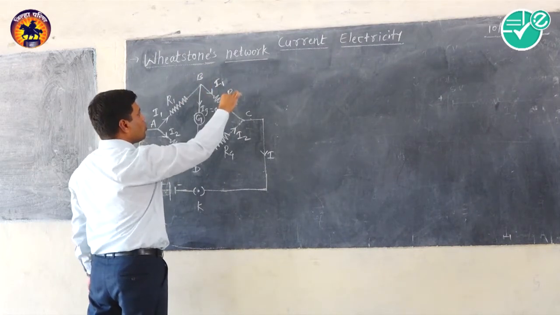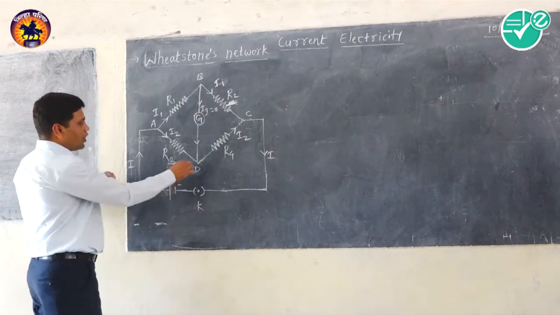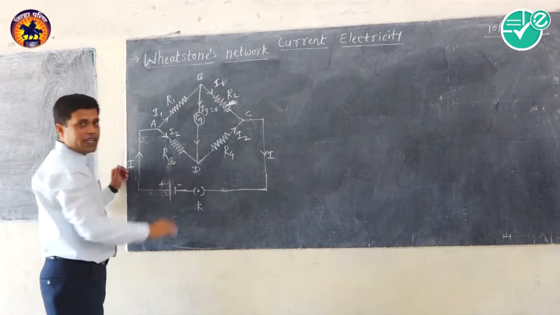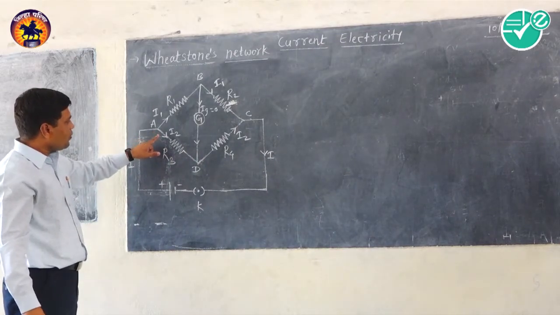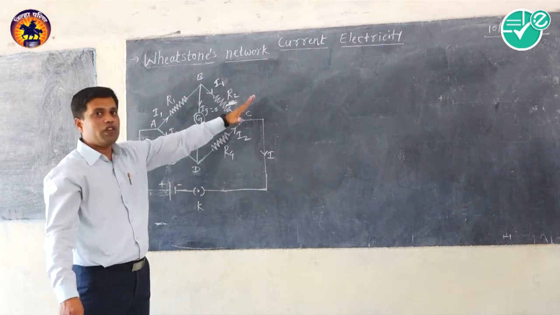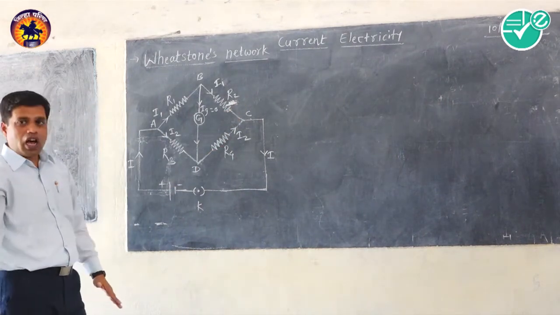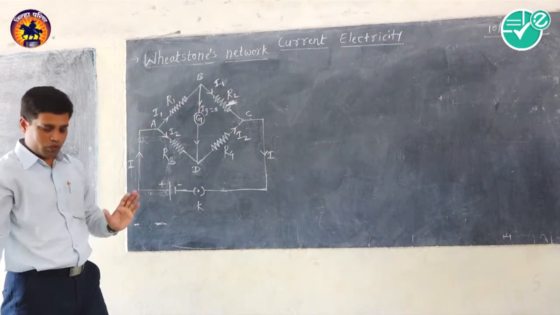The same current I1 will flow through the resistor R2. Similarly, there will be no division of current I2, and the same current I2 will flow via resistor R4, and the current flowing through the galvanometer will become 0.